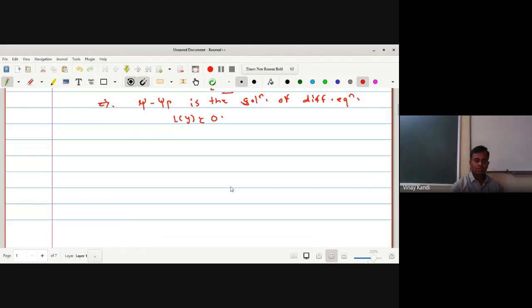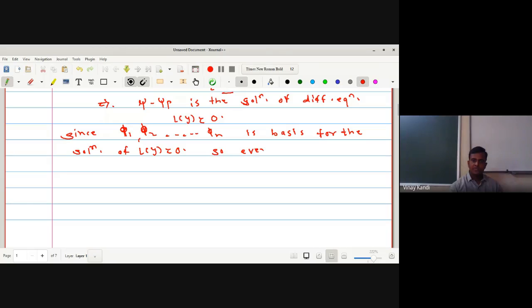Since phi 1, phi 2 up to phi n is a basis for the solution of L of y is equal to 0, every solution of L of y is equal to 0 can be expressed as a linear combination of phi 1, phi 2 up to phi n.